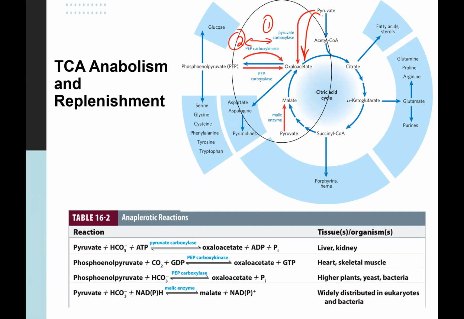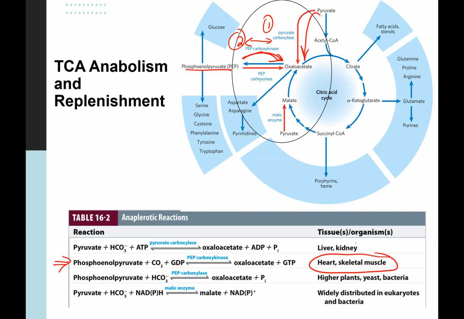PEP carboxykinase. So here it's showing the enzyme going in this direction, right? And if we look down here, this can take place in particular in the heart and skeletal muscle.